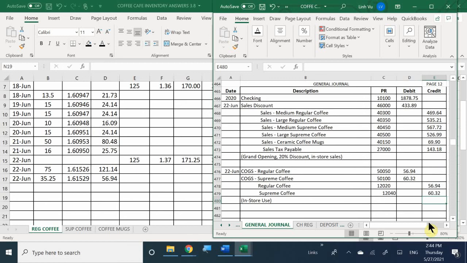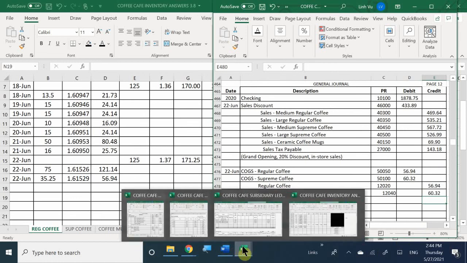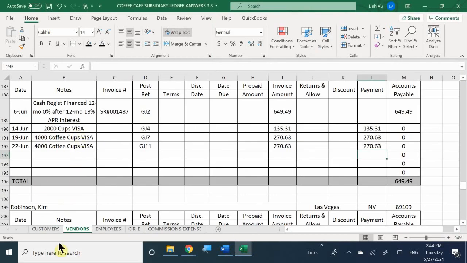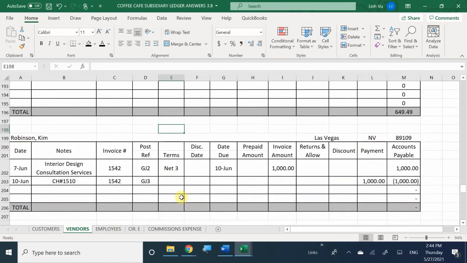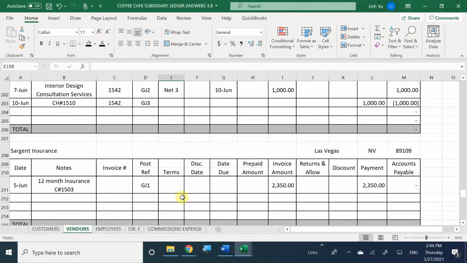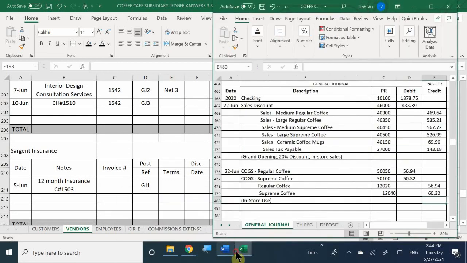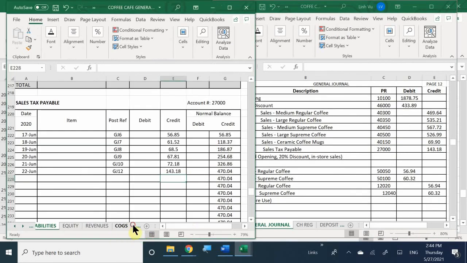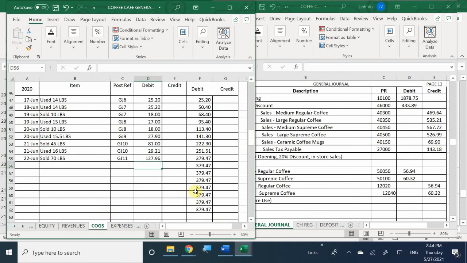Then from here to our general ledger, cost of goods sold. Oop, wrong one. I was in the subsidiary ledger. Cost of goods sold.